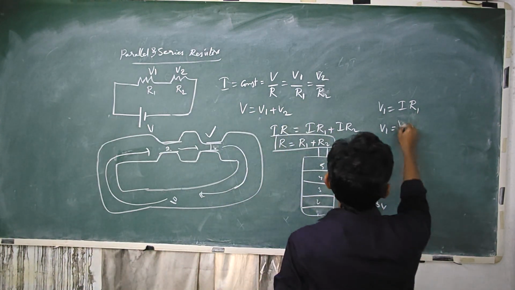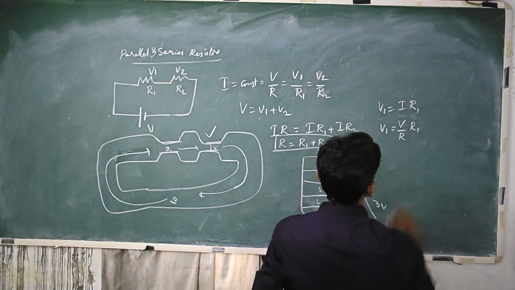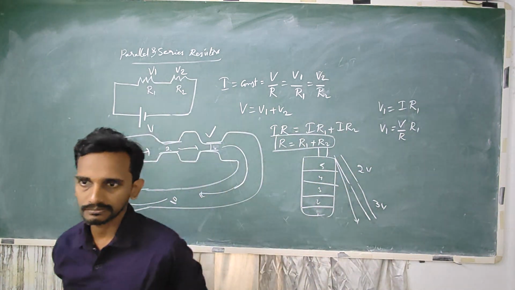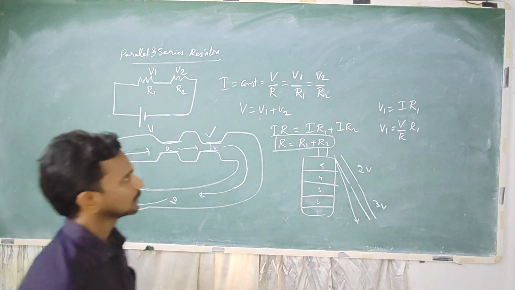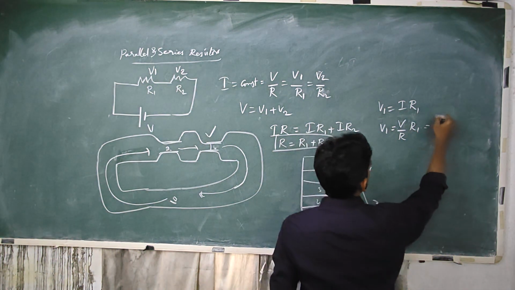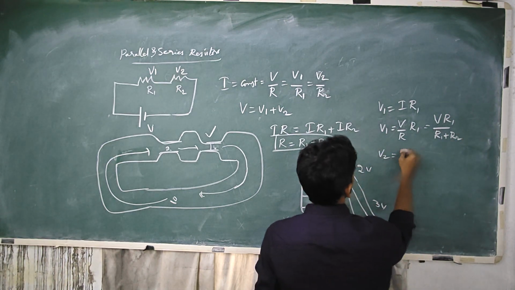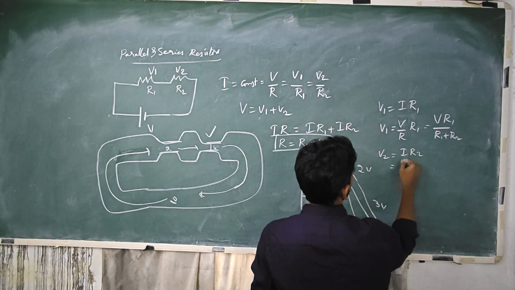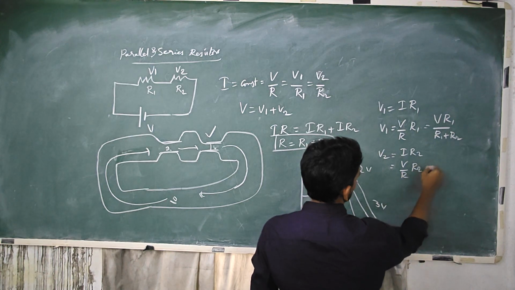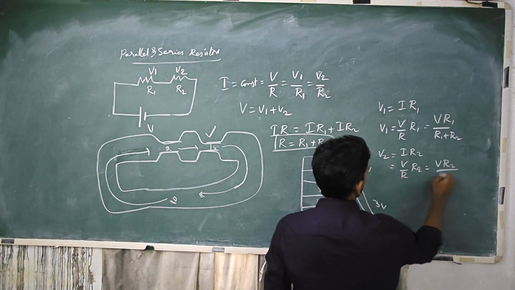I is equal to V by R. So in total it is V R1 by R1 plus R2, and V2 is I R2, V by R times R2, V R2 by R1 plus R2.